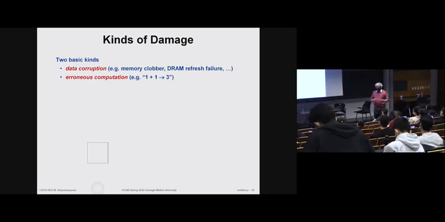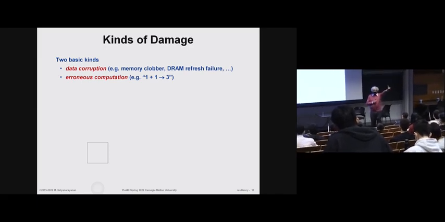The much worse failure, much harder failure, we don't know how to handle this well at all, is erroneous computation. You execute on your x86 machine or your ARM processor one instruction.